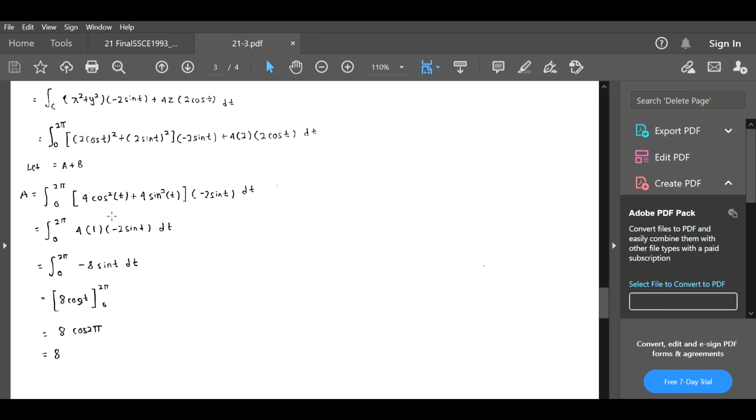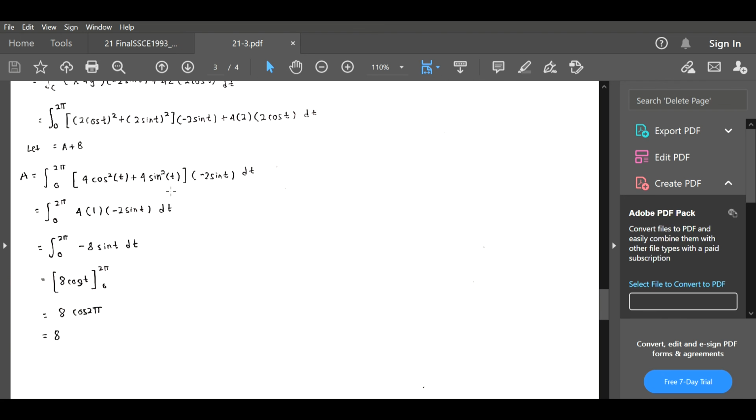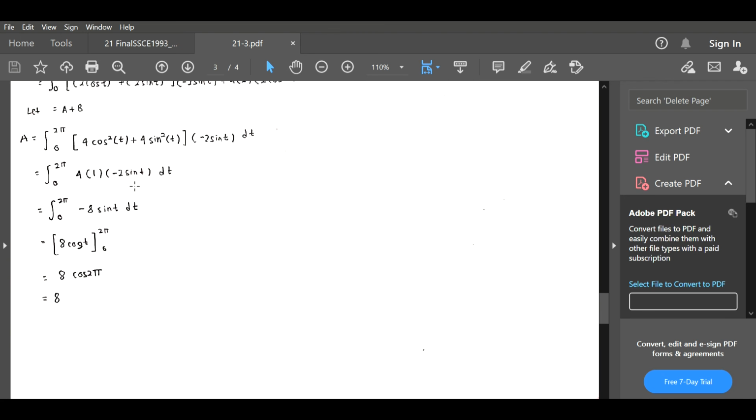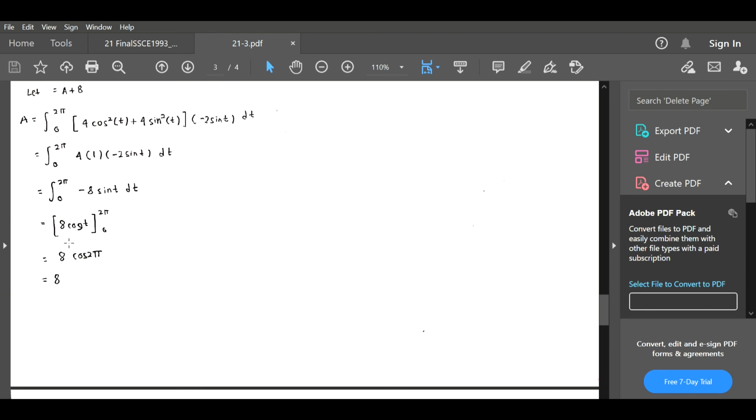Okay, we do this. So you know that cos squared t plus sin squared t will become 1. And then this becomes negative 8 sin t. We integrate, it will become negative cos t, and negative becomes positive, 8 cos t, with limits 0 to 2 pi.